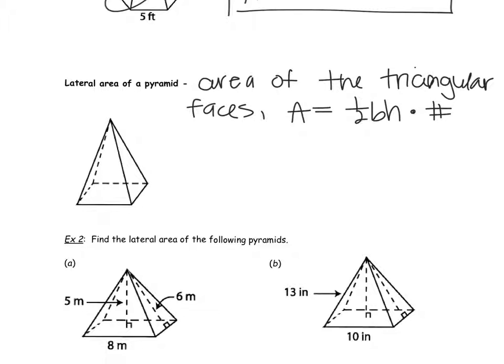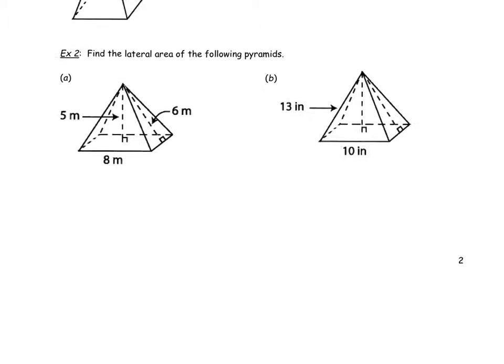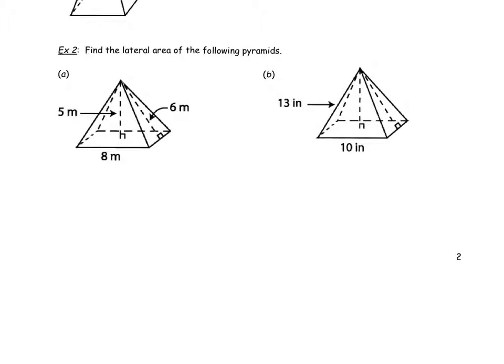So the number of faces we have, remember, is based on whatever our base shape is. So in this example, we have a square base, which means there would be 4 faces. So there would be 4 triangles to multiply it by.